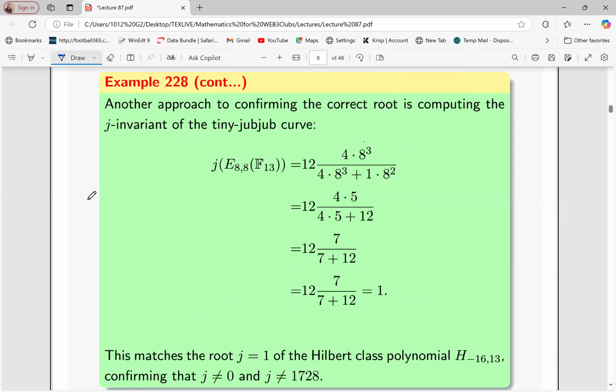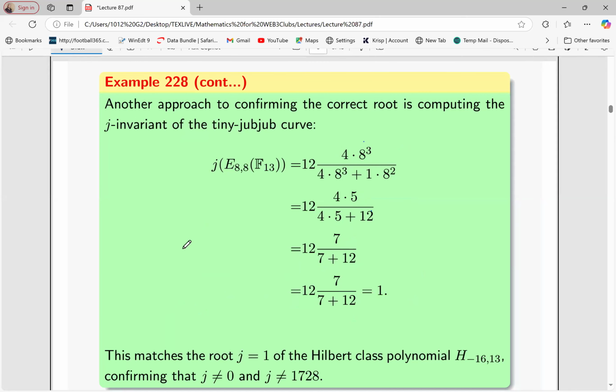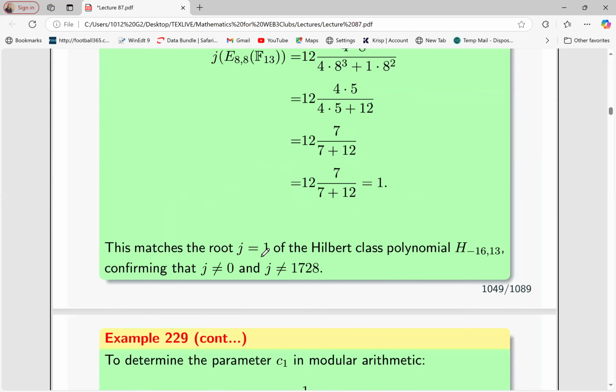Now, when you go to the cases, we've seen that J is 1. So the only case we can now choose is J is not equal to 0 and J is not equal to this. This is the only case we can go for. We had those cases, we looked at them yesterday.